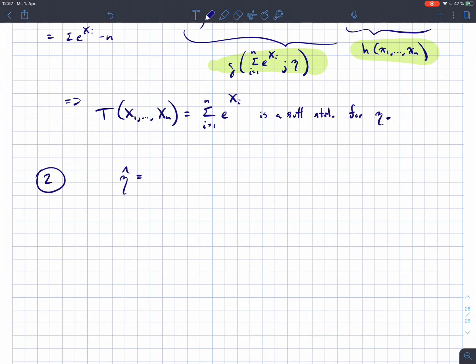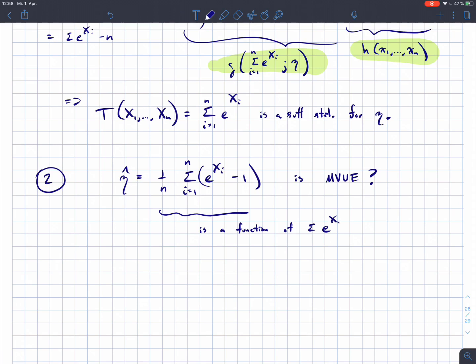So eta hat, which is this, we're going to ask, is this the MVUE? Well, it's already a function of the sum of e to the xi, which is our sufficient statistic.